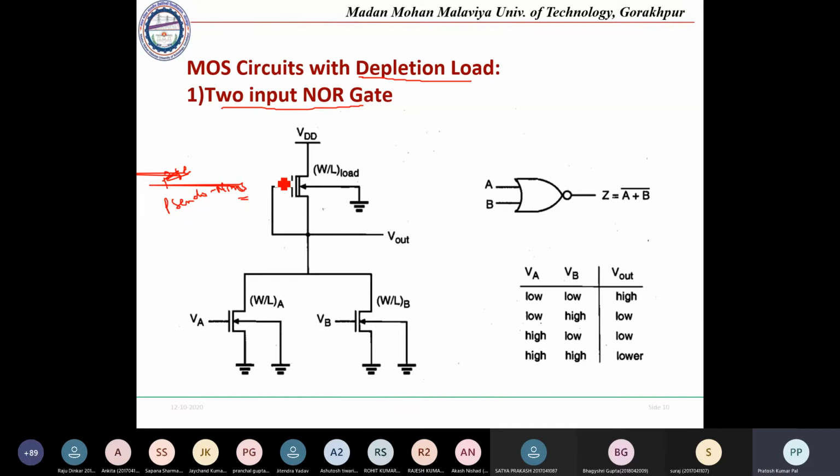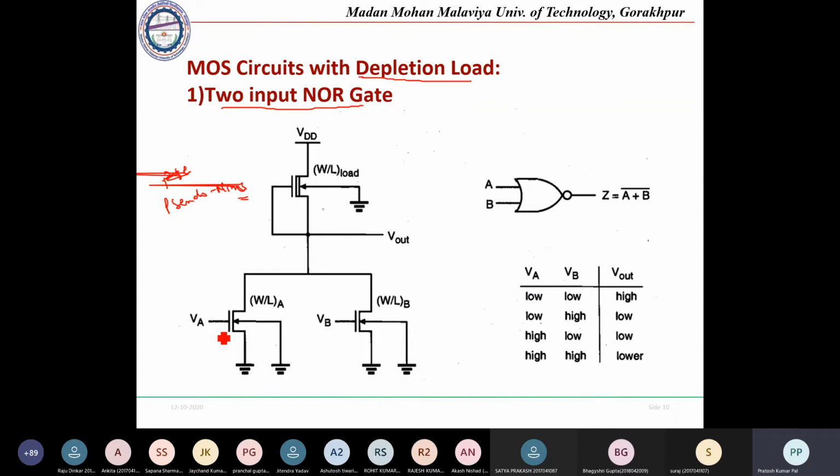In this case, we will analyze it as implementing a NOR gate. Z will be the output. With respect to the input voltage combinations VA and VB, the output voltage will be as shown. Once we have 0 0, that is low logic as the input, then the output will be high.